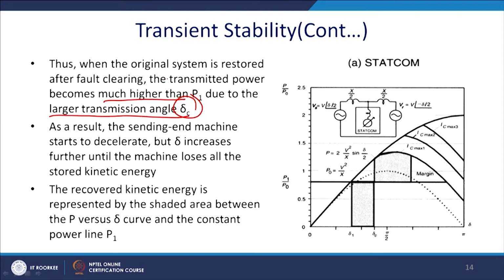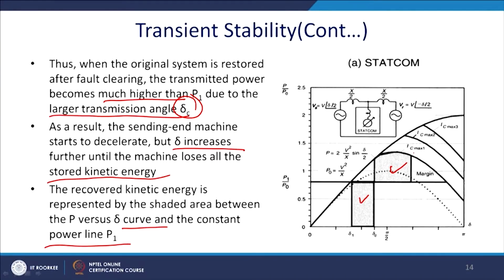As a result, the sending end machines start decelerating, but delta increases further until the machine loses all the stored kinetic energy. The recovered kinetic energy is represented by the shaded area between the P versus delta curve and the constant power line P1.